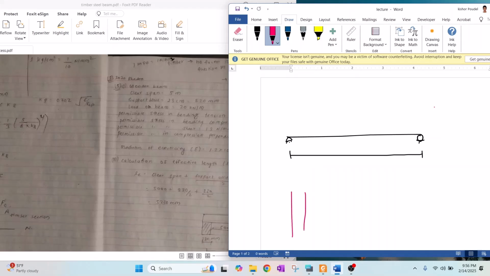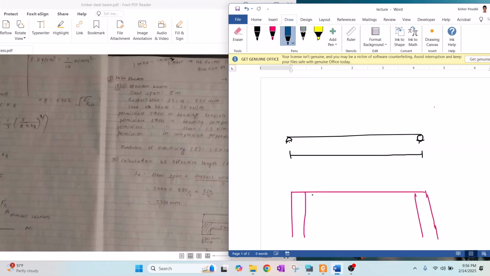So look at here, this is the column, or you can say this is the support wall. The dimension of the support wall is 230 mm, and this is the support wall thickness 230 mm, and this is the beam over the support wall.